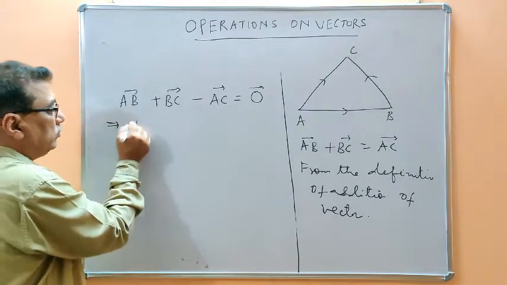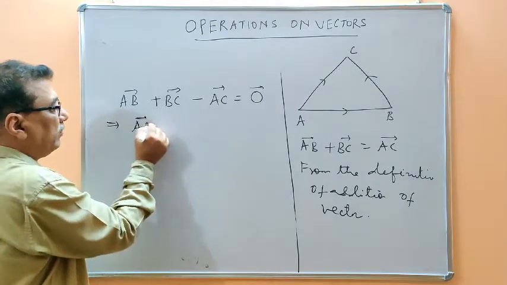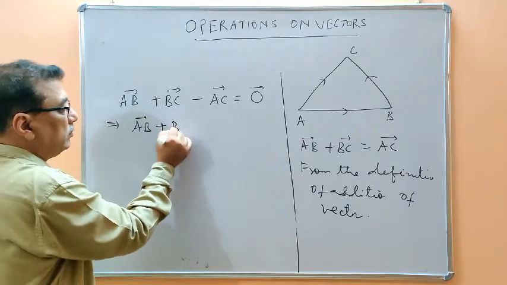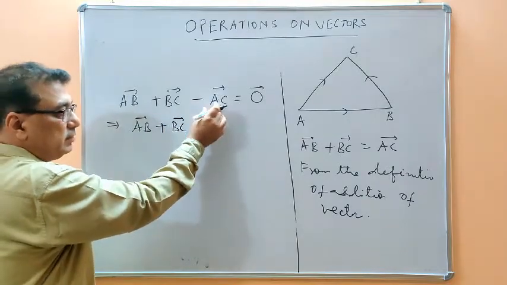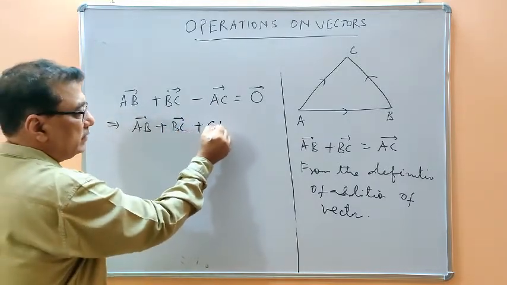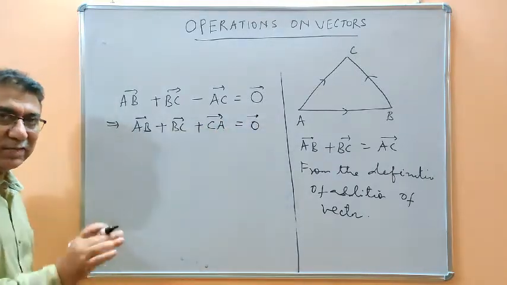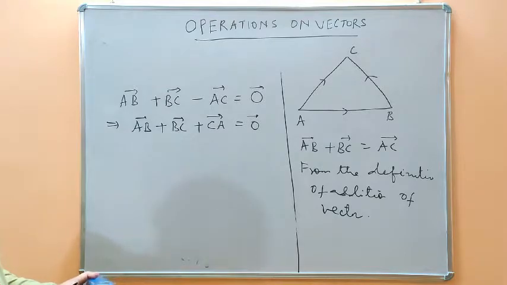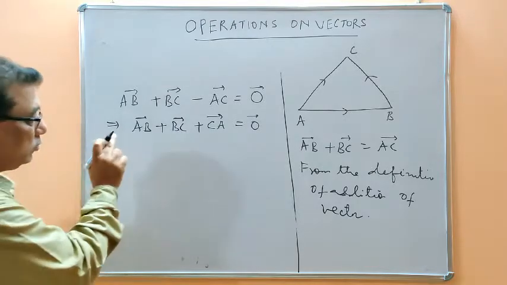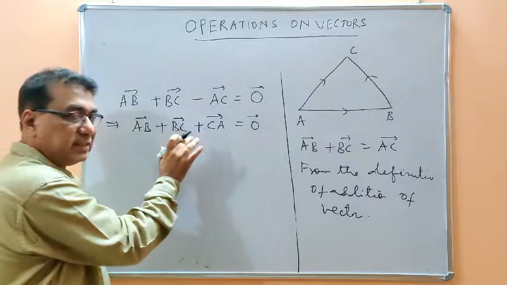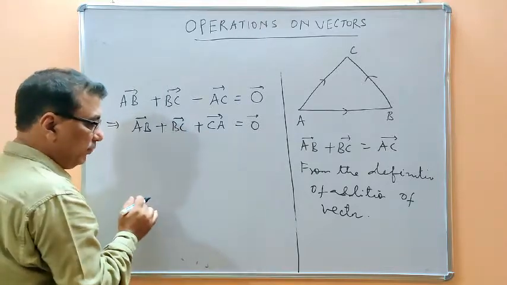And also, if I want to reverse the direction of this vector, then I should write it in this way, because minus AC is equal to plus CA. So what does this condition suggest, or what does it mean?